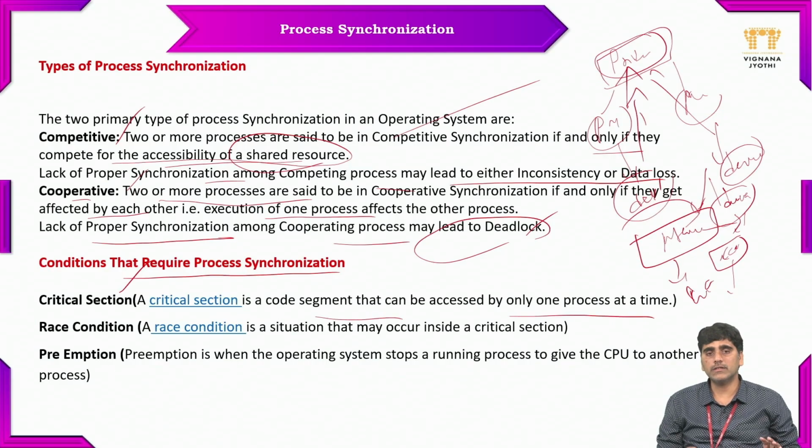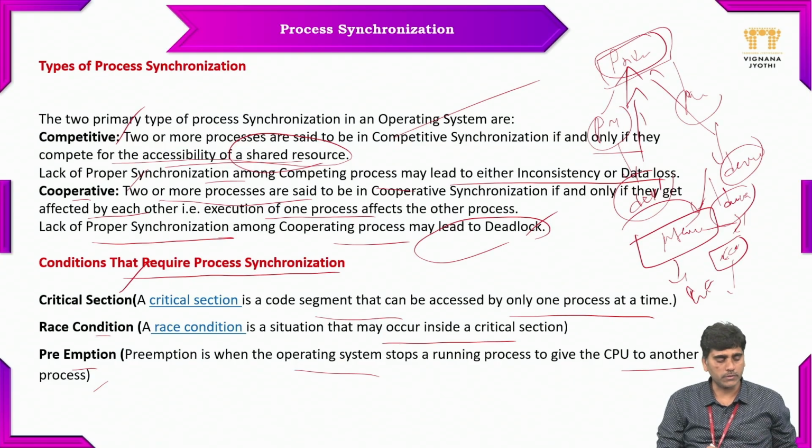Next, the race condition is a situation that may occur inside a critical section. The third one is preemption. Preemption is when the operating system stops a running process to give the CPU to another process, giving priority to a higher priority process.